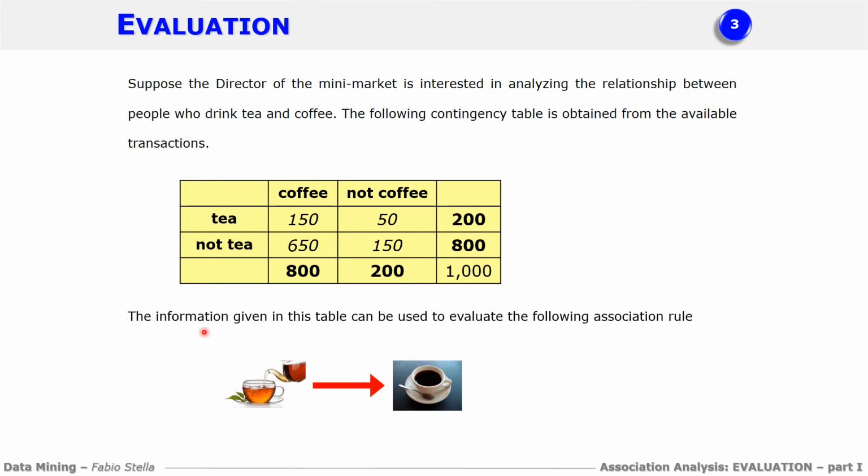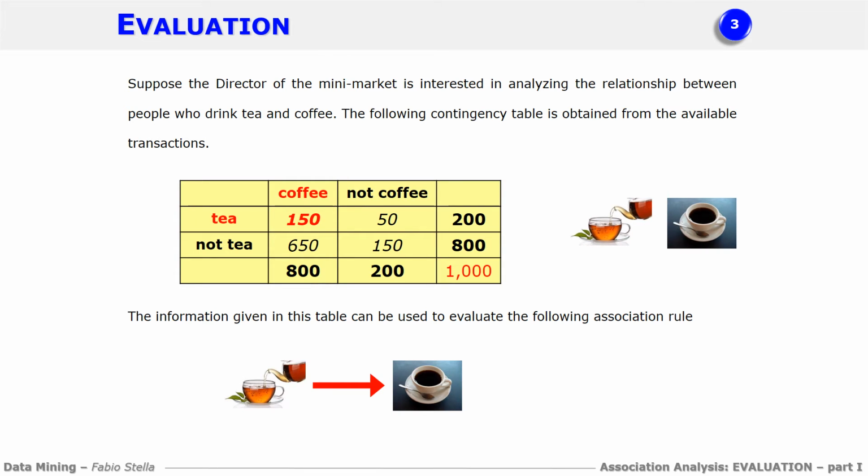Then the information given in this table can be used to evaluate the following association rule. People who drink tea tend also to drink coffee. We now analyze this rule by first computing its support.